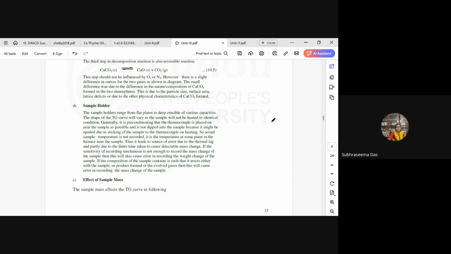So actually the sample temperature is not recorded; it is the temperature at some point in the furnace near the sample. Thus, it leads to a source of error during the heating process. If the sensitivity of the recording mechanism is not enough to record the mass change of the sample, this will also cause error in recording the weight change of the sample.